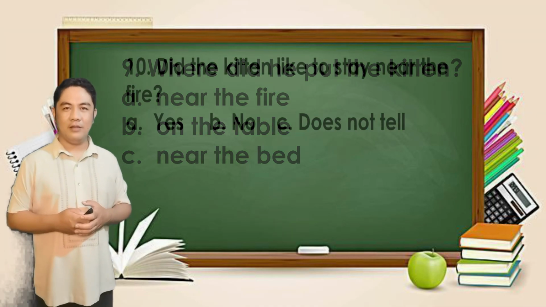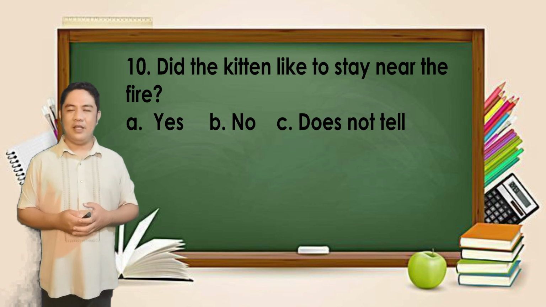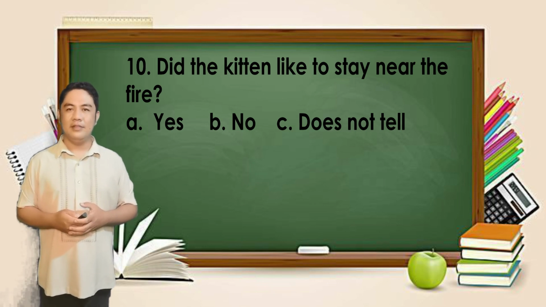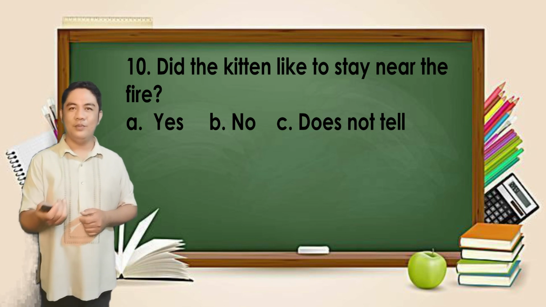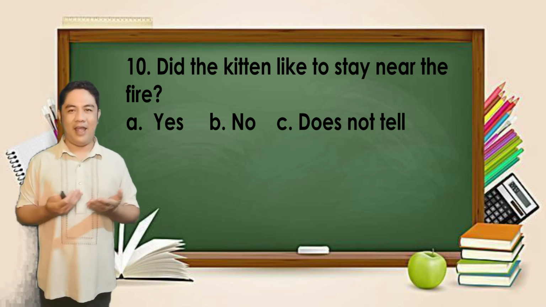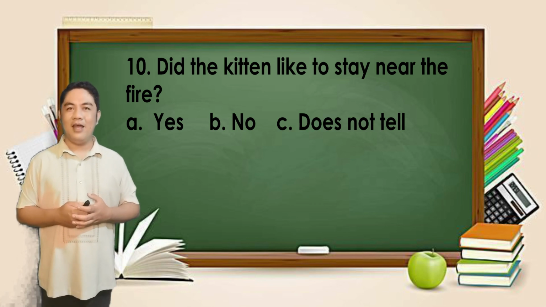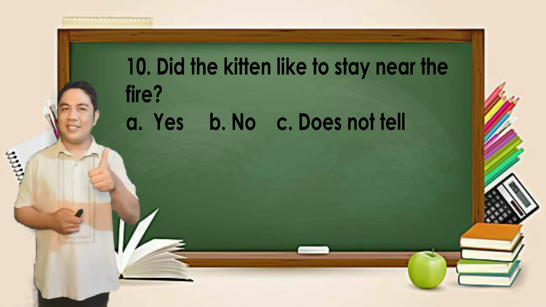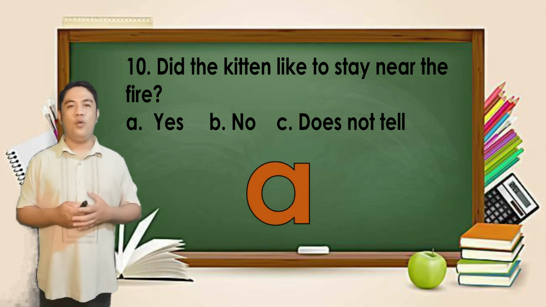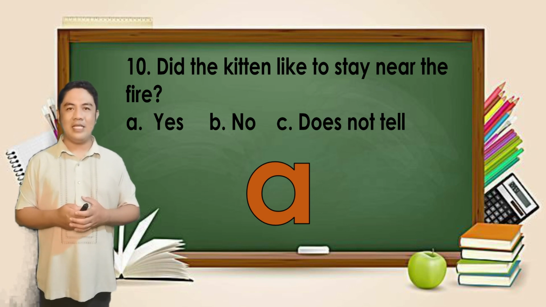For the last question, did the kitten like the stove near the fire? A. Yes. B. No. C. Does not tell. The last item, number 10, the right answer is yes. So letter A. If we are cold, we need the heat to relieve us from trembling.